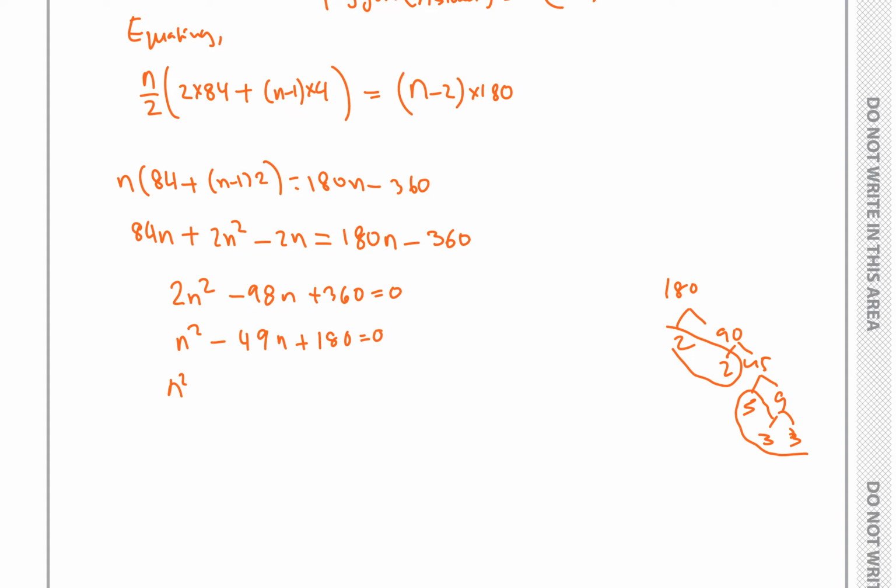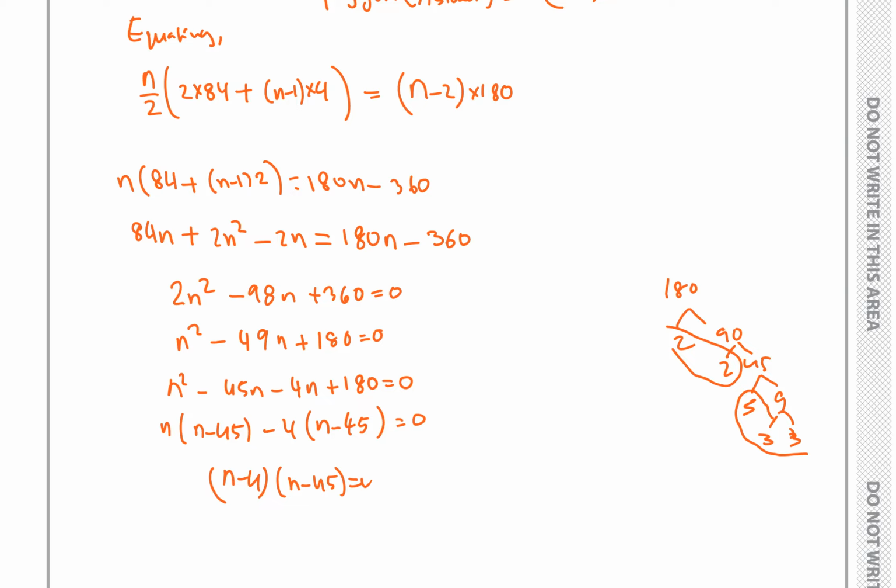So I can say n squared minus 45n minus 4n plus 180 is 0. So n times n minus 45 minus 4 times n minus 45 equals 0. n minus 4 times n minus 45 is 0.